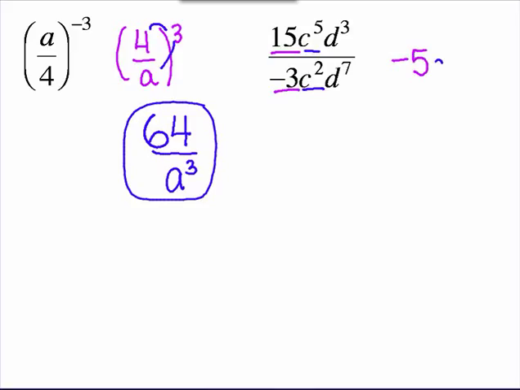C what? C cubed. Okay. And then let's look at the next one. We have d's. D cubed on the top, d to the 7th on the bottom. So 3 d's on the top, 7 on the bottom. D to the 4th on the bottom. Good. There you go. Questions?